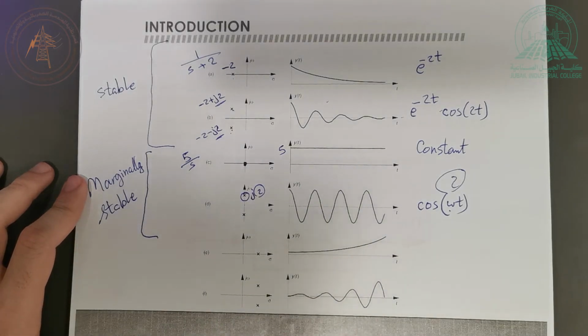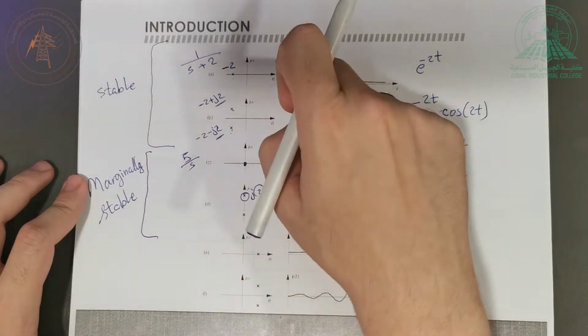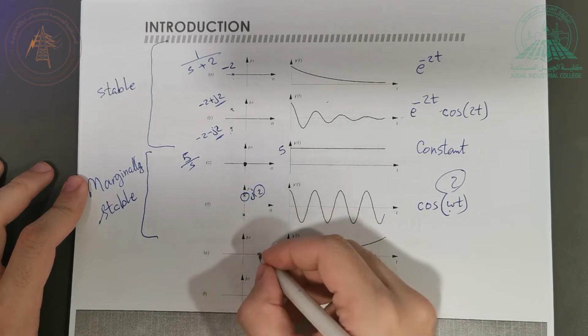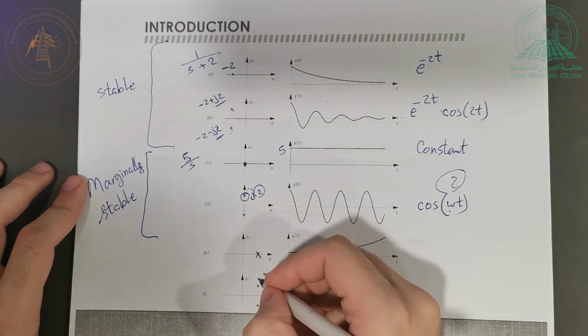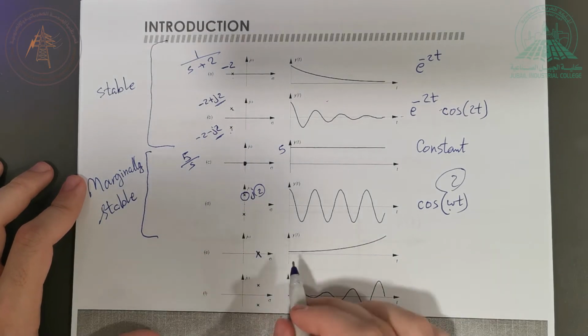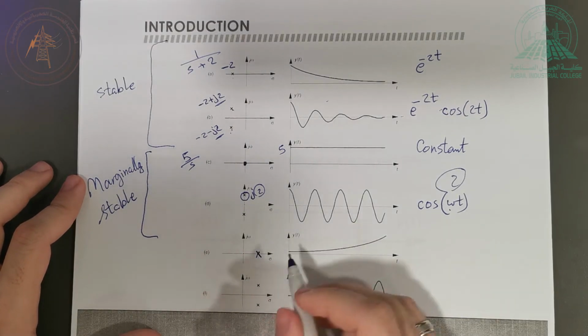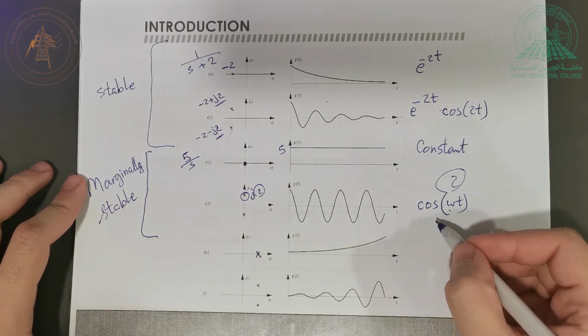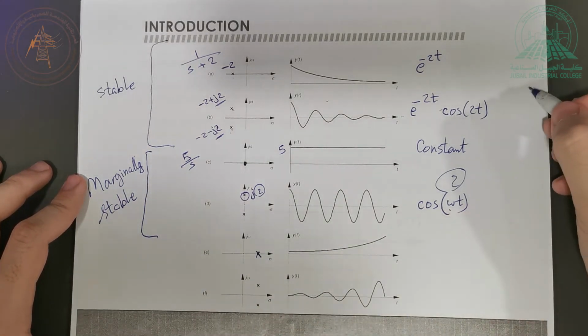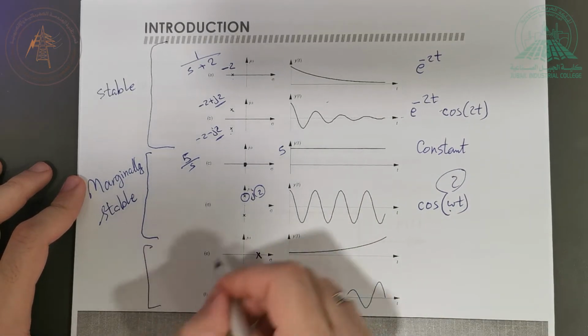Fine. Now these two are the opposite of this one. Right here in the first one, I have a pole on the right hand side without oscillations. So j omega is equal to 0, omega is equal to 0. That's why I don't have oscillations, but the system is negatively damped, so it will grow like that. It will increase, it will blow up like that. So obviously this is unstable, right?